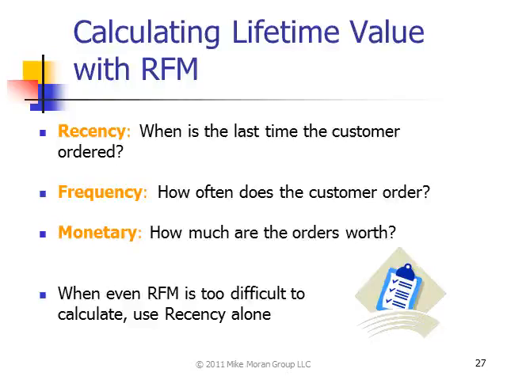So the recency calculation is, when's the last time the customer ordered? The frequency calculation is, how often does the customer order? And the monetary calculation is, how much are the orders worth? So what are the dollar values, for example, of the orders, the transaction sizes? So what do you do with RFM? Well, this can help you identify who your best customers are, even if you don't have enough gumption or enough information to be able to calculate lifetime value using all those gory detailed numbers and putting together that very complicated calculation.